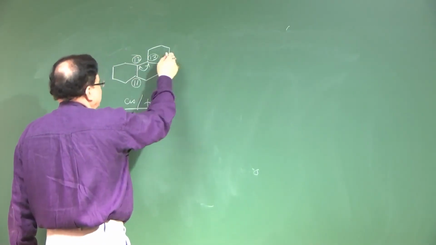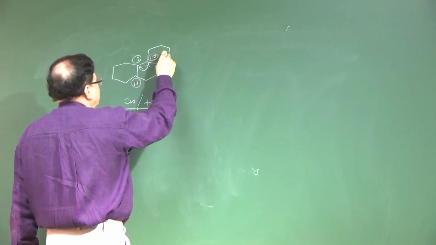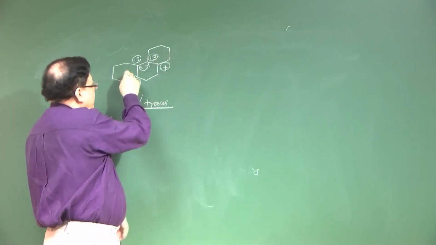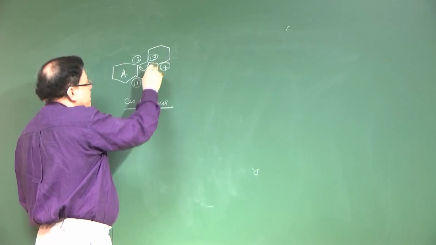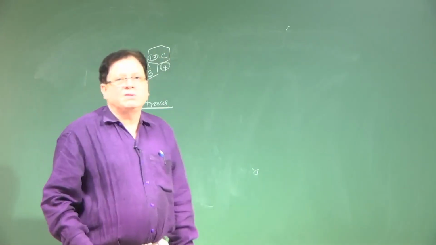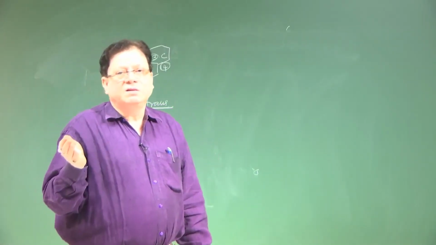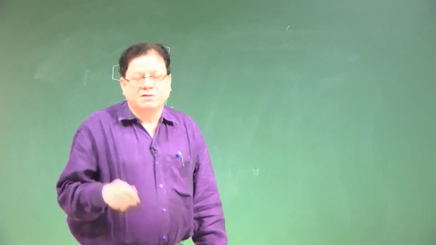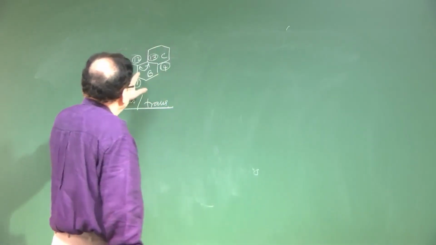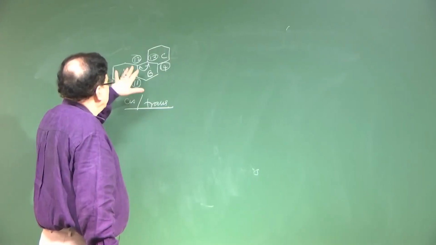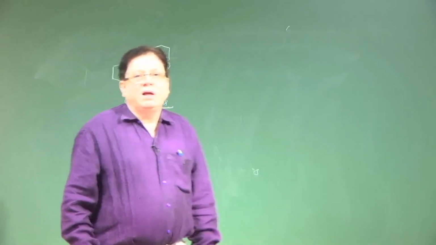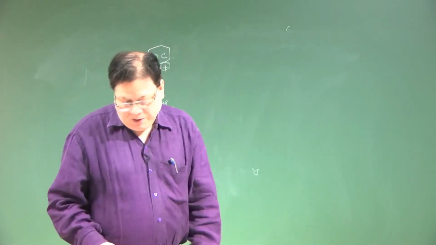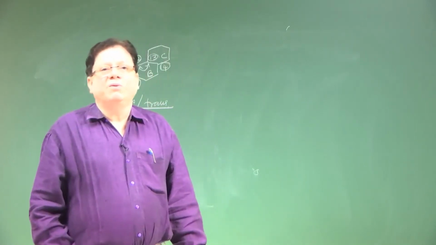Remember, if I call it the A ring, this is the B ring and this is the C ring. 13 is present in the C ring and the B ring is common to B and C, whereas 12 is common to A and B. So, 12 and 13 do not belong to a particular ring, okay.